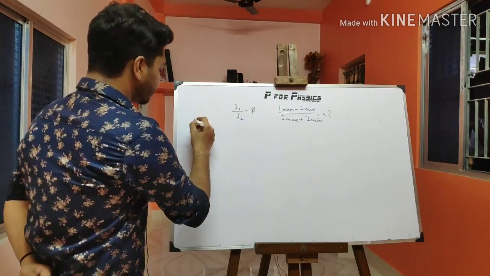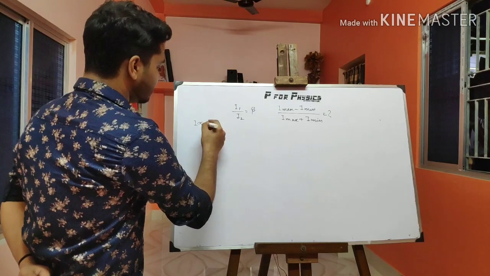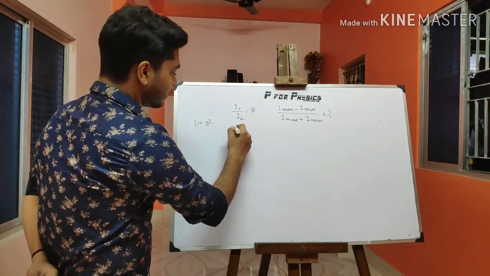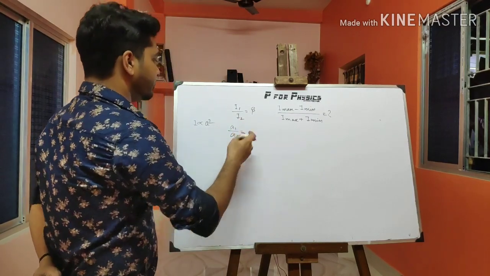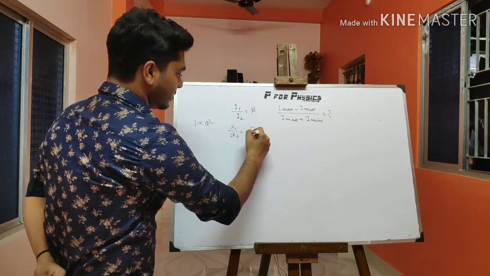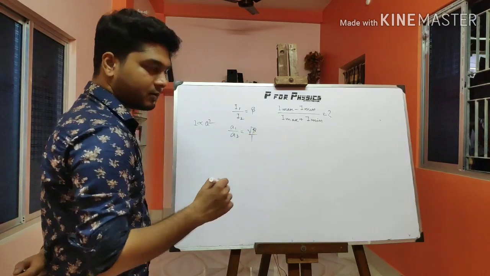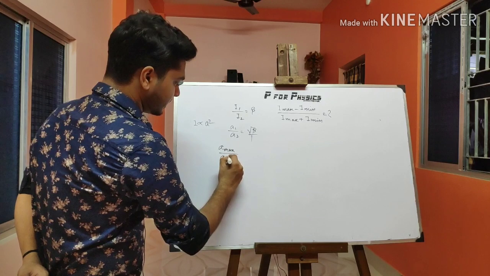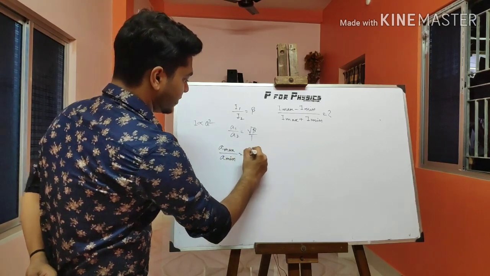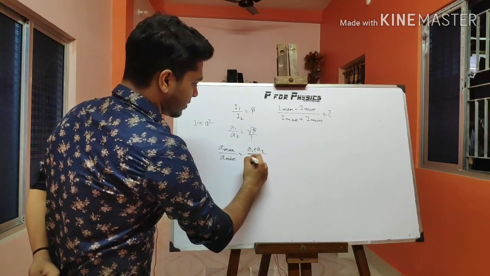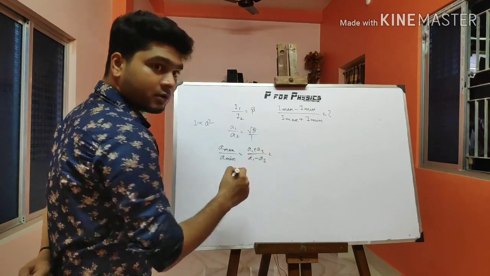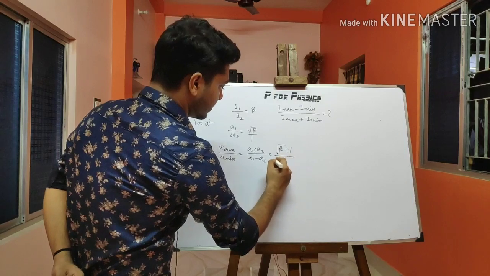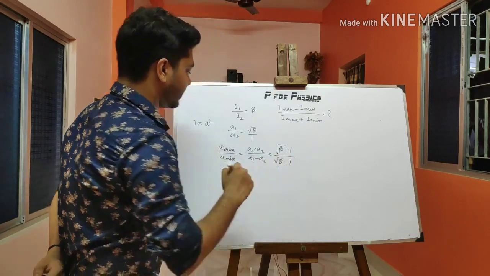So as we know, intensity is proportional to a square, where a is the amplitude. We have to find a1 by a2 from this one, which should be the root of this one, so it should be root beta by 1. Okay, and a max by a min would be simply a1 plus a2 by a1 minus a2. So root beta plus 1 by root beta minus 1.